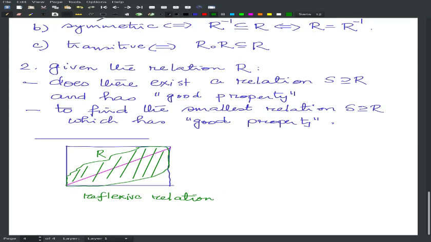Whereas here is a picture of a non-reflexive relation. And here is a picture of a non-reflexive relation.